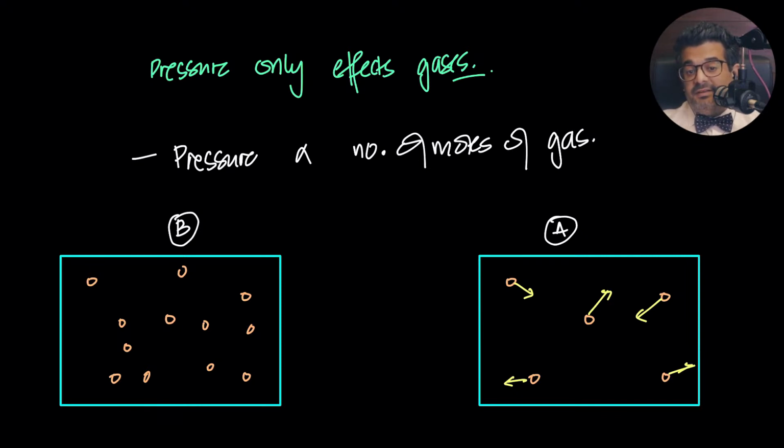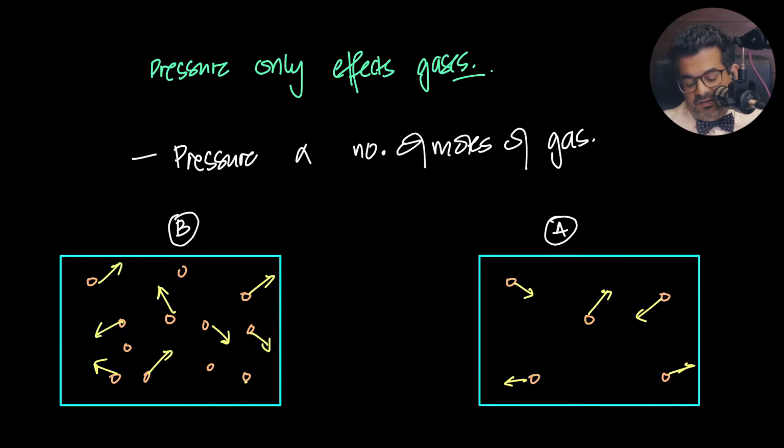The difference between that and scenario B is that in scenario B, you have a lot more molecules moving around. What that means is a lot more molecules are bombarding the walls of the container.